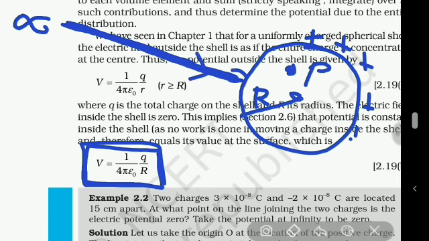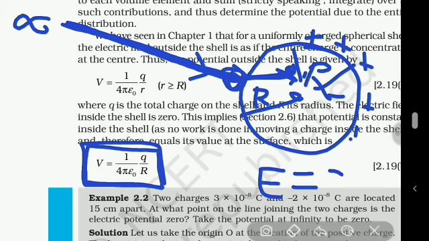So till here, when we bring that unit charge, work is required to be done, and so there is a potential. But when we move that charge inside the spherical shell, then work is not required to be done. From the surface to this point, work is not needed. It is because inside the shell, the electric field at any point is 0, and so no extra work is required to be done.